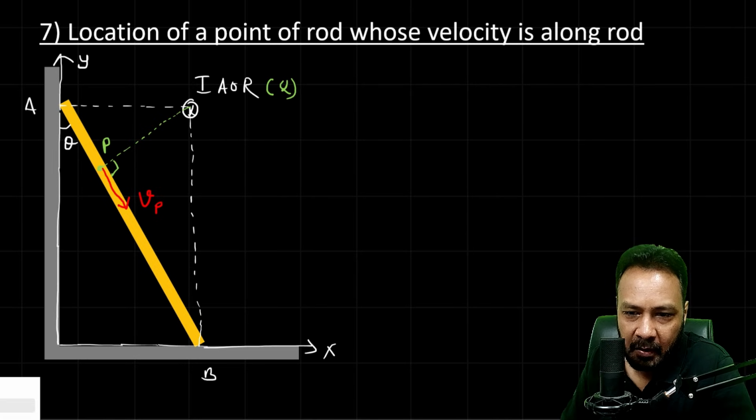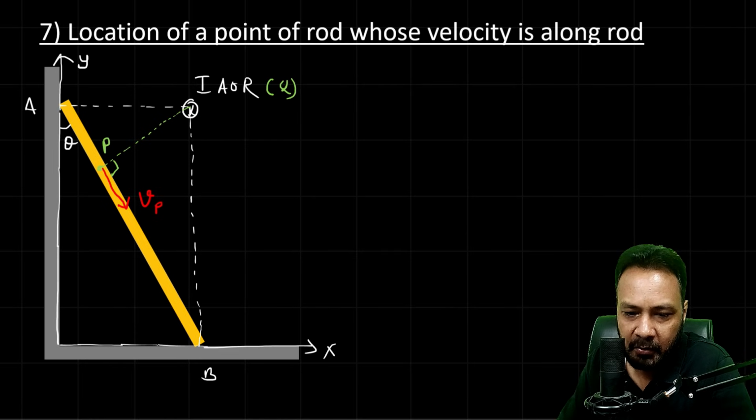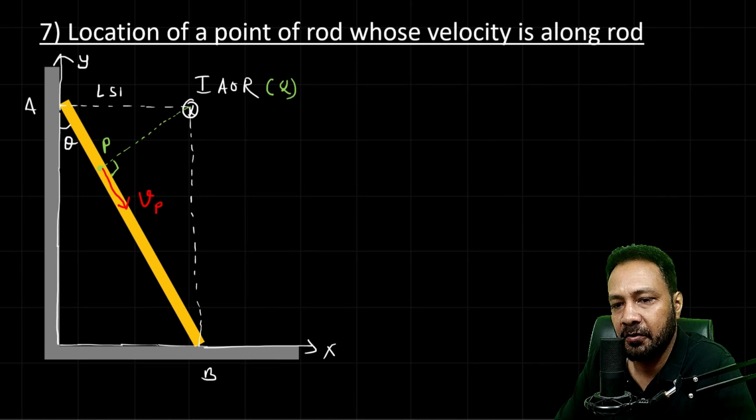Now this is theta, and this length, one minute, this is L, this is theta, so this is L sine theta. So this is L sine theta, so this is also L sine theta. So this is L sine theta, and this is theta, that is 90 minus theta.